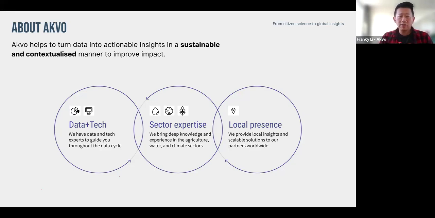In addition, we have people that are involved in agriculture, climate, and so we have the sector specialists to help to provide context when developing data and tech, and also in terms of communicating and linking with the partners. Lastly, in terms of presence, we're spread out throughout the world.